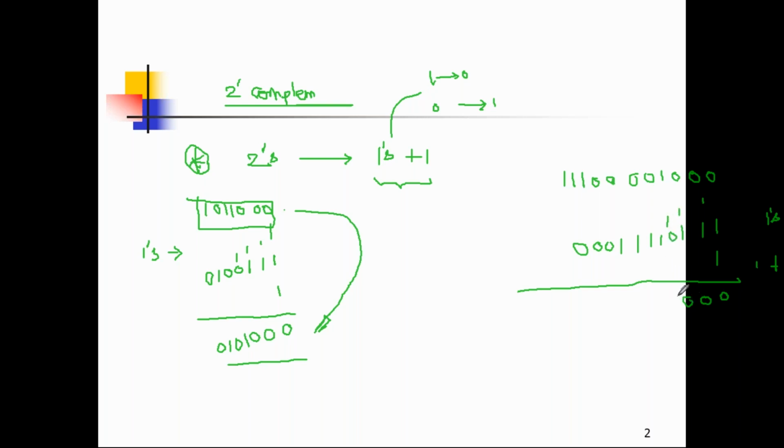Then 0 plus 1 is 1, then 1, and then 1 1 0 0 0. Okay, that's all, the 2's complement. Now one definition, or one method, is over for 2's complement.